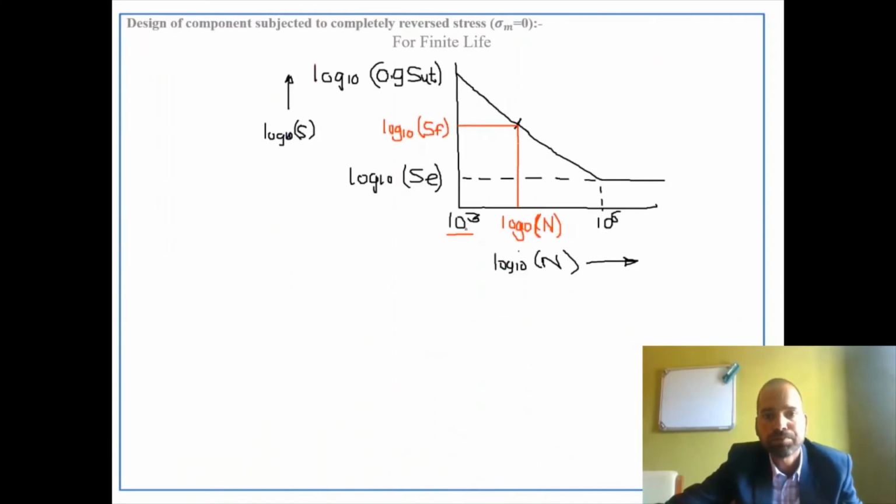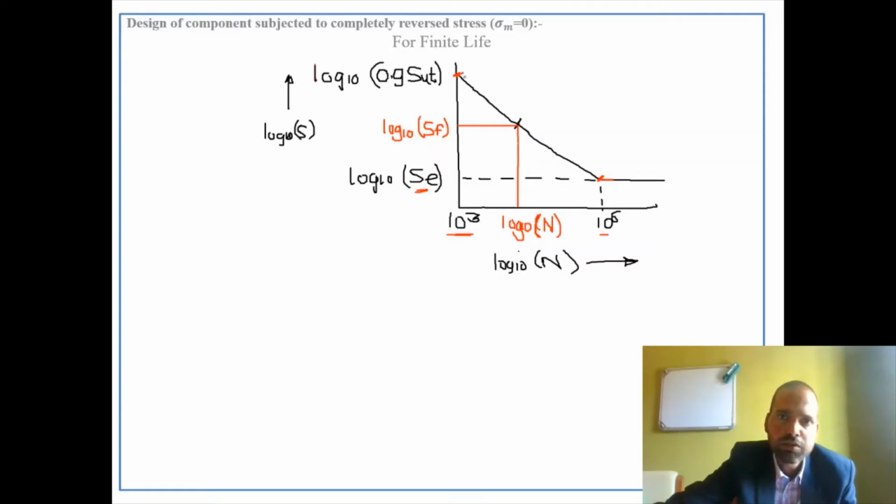Now, if you see from 10 raised to 3 to 10 raised to 6 cycles, the slope of the S-N diagram is indicated in this diagram. So the starting point on the strength is from 0.9 times Sut, and at the point of 10 raised to 6 cycles, the strength becomes horizontal, and that is called Se.